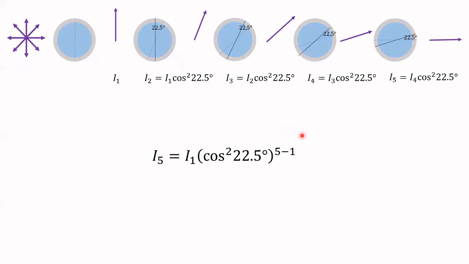So it's 4 consecutive applications of Malus's law. In each case, the angle is the same. And I'm talking about the angle between the polarizer axis and the polarization direction of the incident light. Well, that's easy to plug into the calculator, and I get something like 53%, which is definitely more than 1/4.